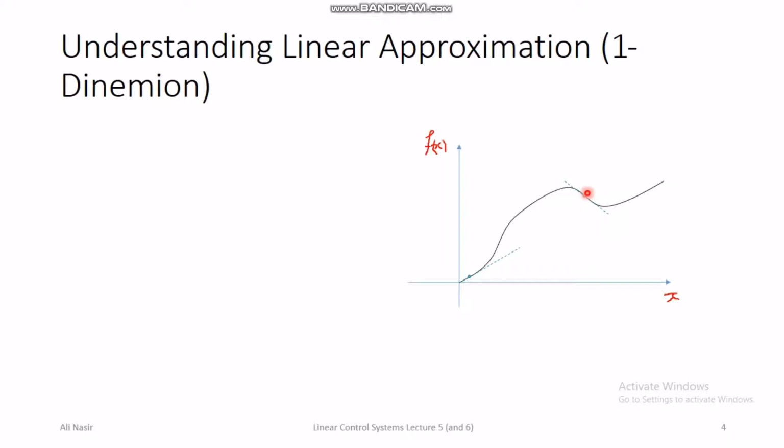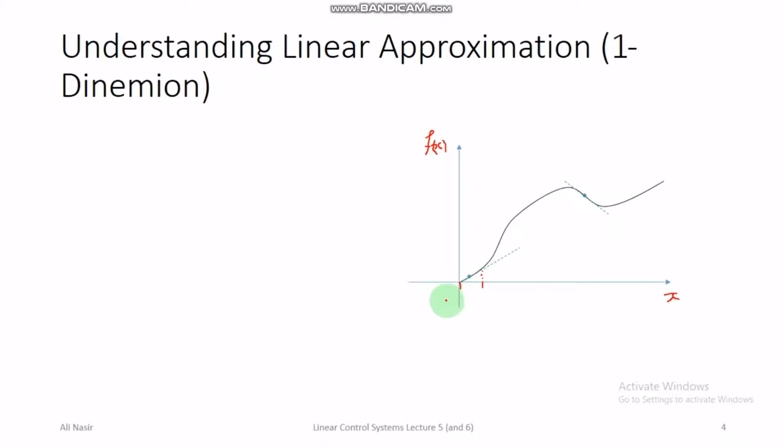And then around this point of approximation there is a small range within which the linearization is an accurate approximation of f of x, and outside that range of values of x, the approximation is no longer very good. For example, for this case, the range is from this value to this value.